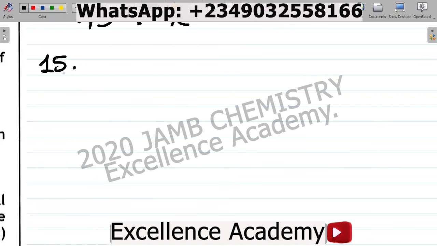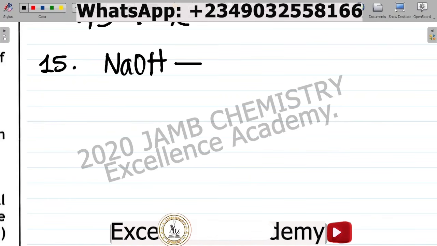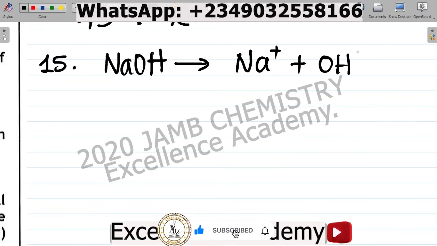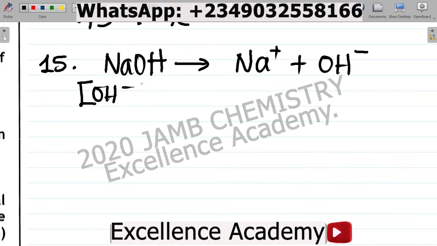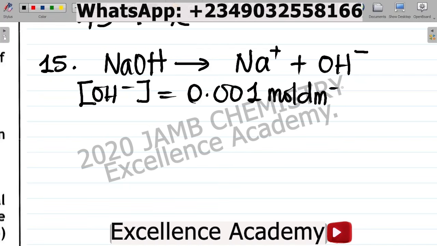To solve this, the first thing we want to notice is that sodium hydroxide, NaOH, is a strong base. When it dissociates, sodium hydroxide breaks up into the sodium ion, positively charged, plus the hydroxide ion, OH, negatively charged. From the question, we're given that the concentration of the hydroxide ion is 0.001 mole per dm cube, that is mole dm to the power minus 3.